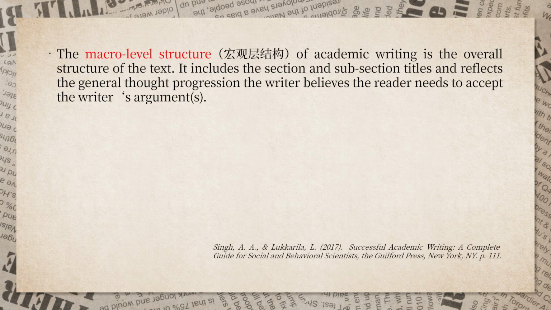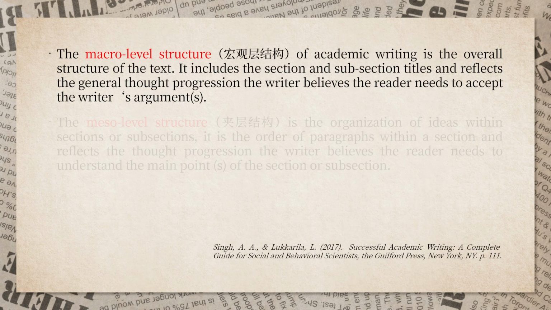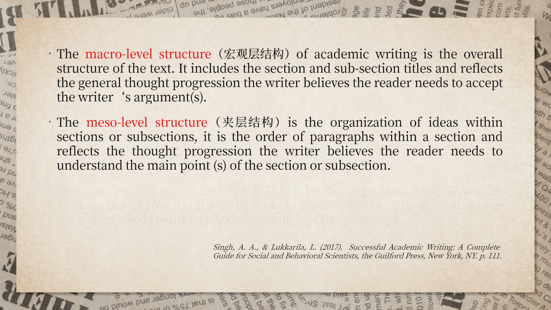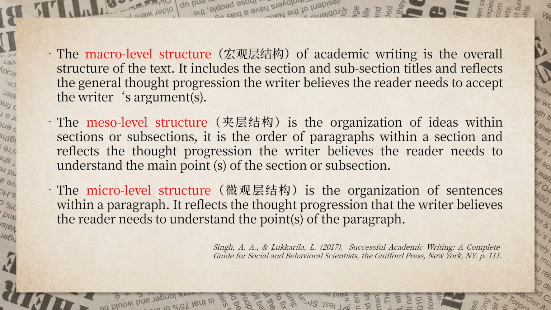Here I give you an example of a macro level structure, meso level structure and a micro level structure. I don't have to read all this to you, but I hope you'll keep in mind when you organize your writing, you can organize ideas at these three different levels.